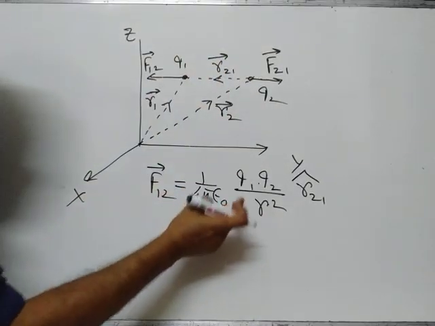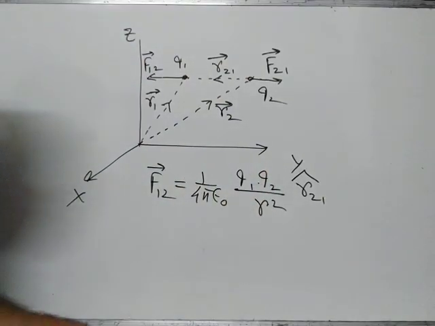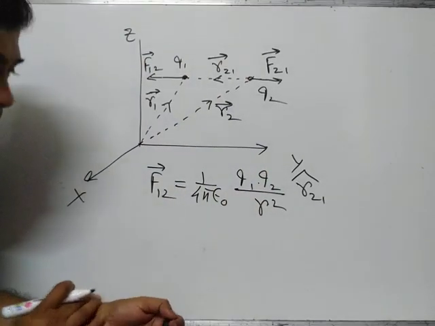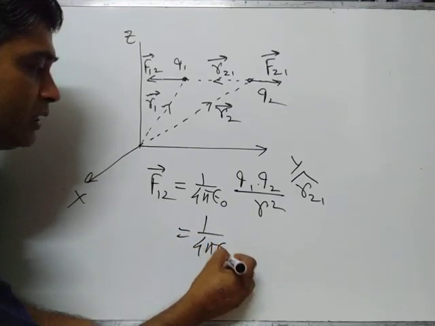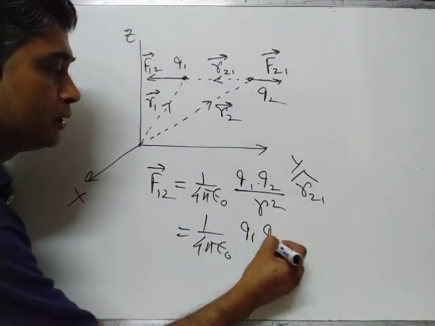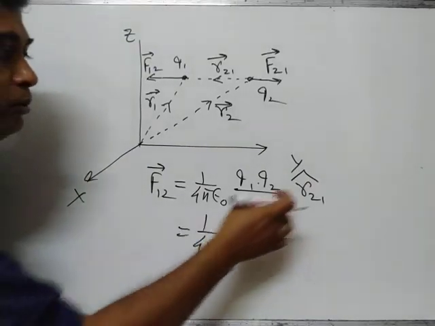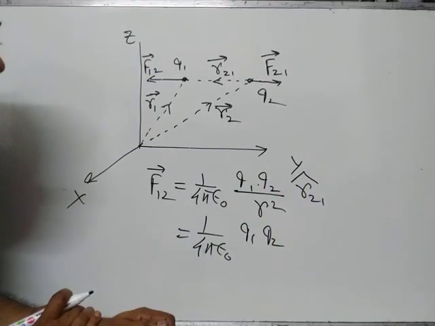This repulsive force at q1 and q2 is of the same type. So 1 by 4 pi epsilon 0 q1 q2, and what would be r21?